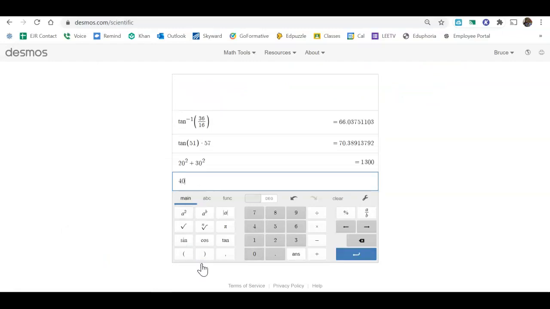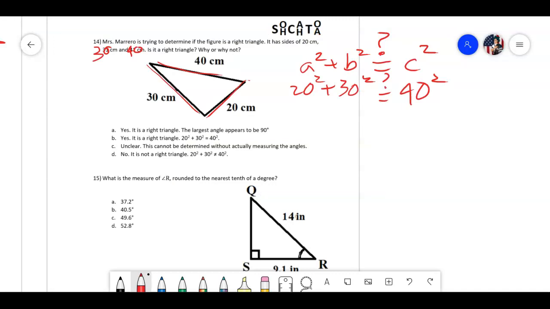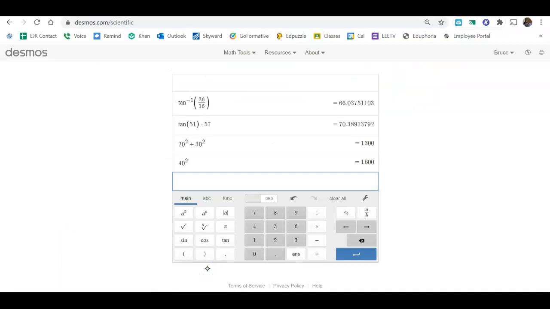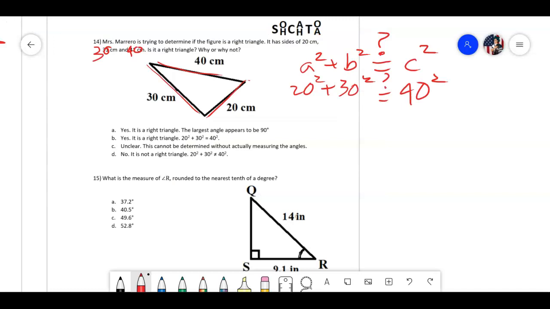And then what's 40 squared? Wait, did I type the right numbers? So 20 squared plus 30 squared is 1300, 40 squared is 1600. Are those equal? No. So it is not right because they are not equal. You see that little not equal sign right there. Okay.